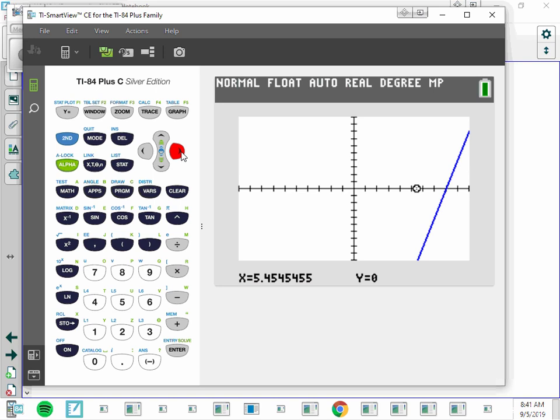Okay, so I push trace, and now you'll notice, if I can ever get there, hold on, we're getting there, 24, 23, 22. This is so slow. Okay, in just a second, you'll be able to see the cursor. Here we go.